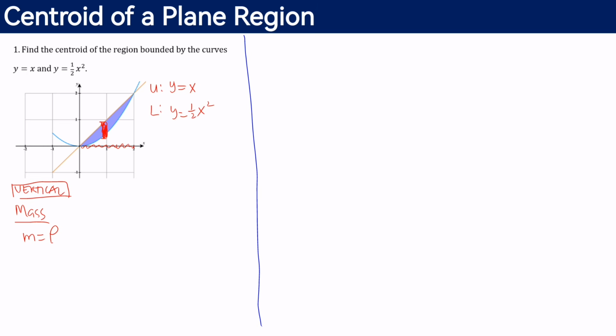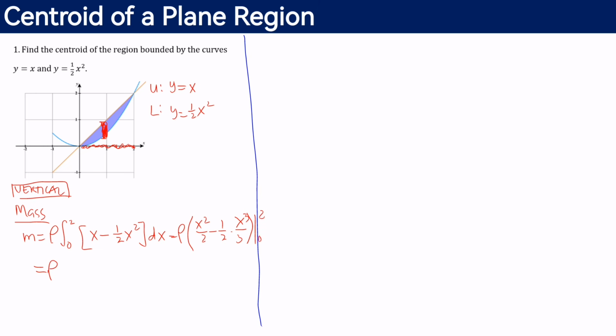So plugging that in, we have here integral from 0 to 2, referring to this interval here, of the upper function minus the lower function. Integrate with respect to x. Now we can integrate. So we have x squared over 2 minus 1/2 times x cubed over 3, evaluated from 0 to 2.